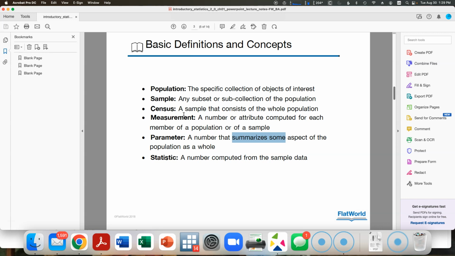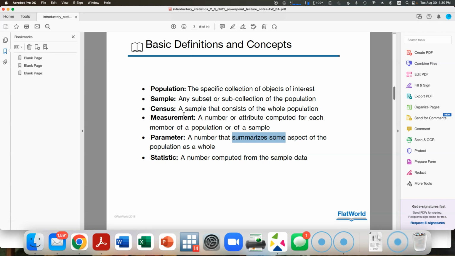Then we could find the monetary value of those 500 cars, and we could create from that data a measurement that would be able to talk about a parameter, a summary in some sense of the population as a whole. Either like the average value of the 500 vehicles in our sample, something along those lines.